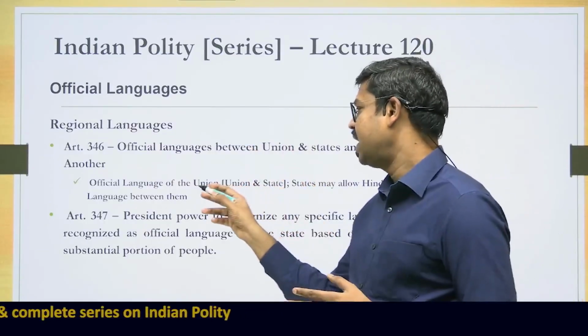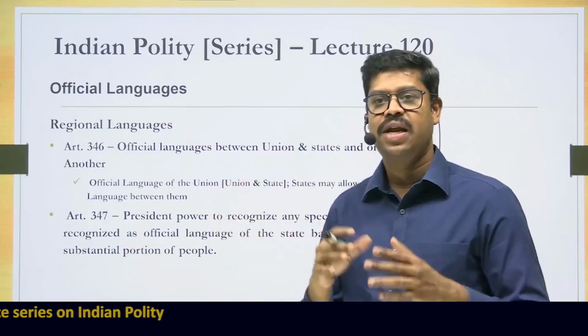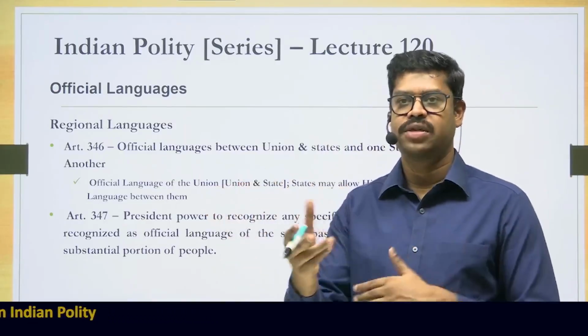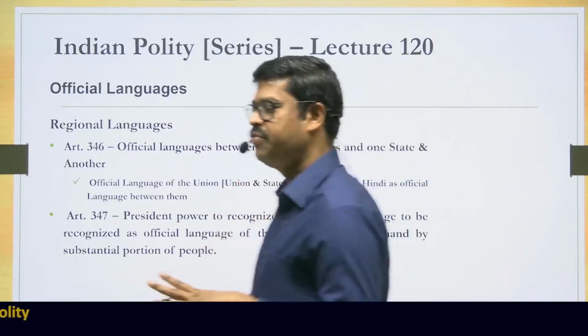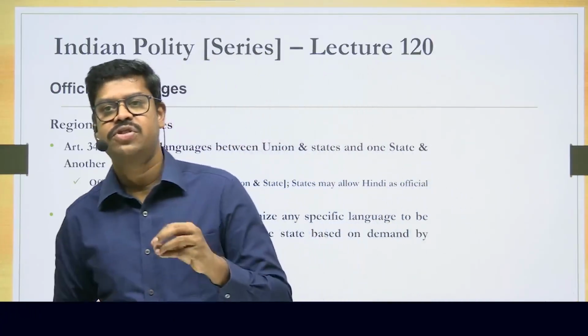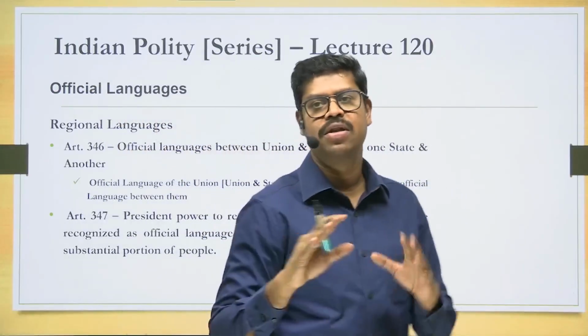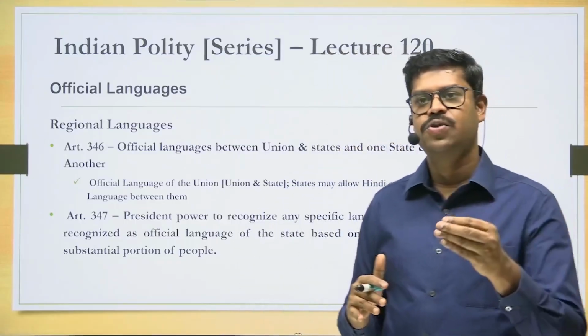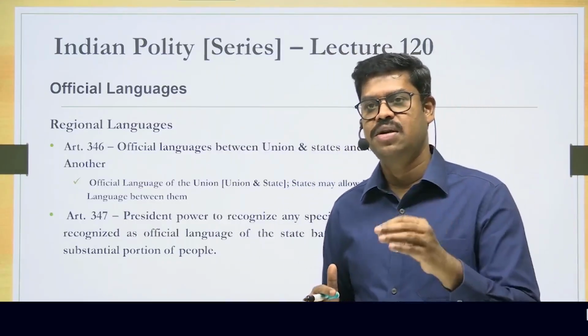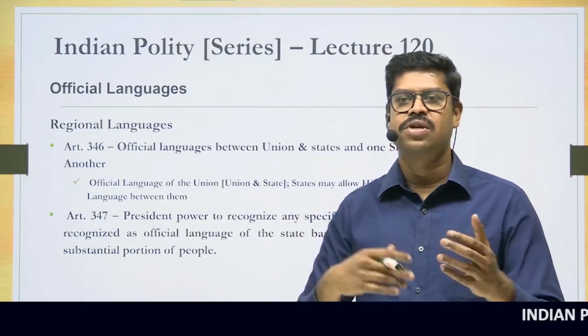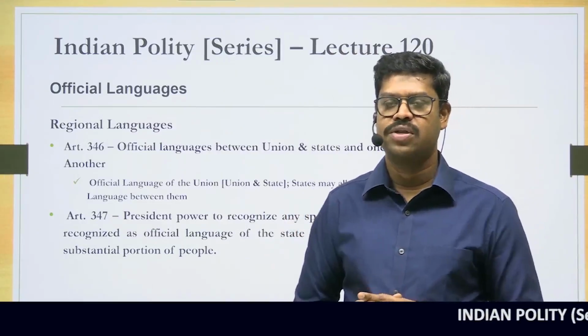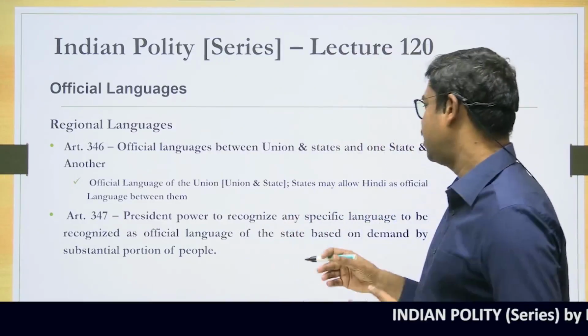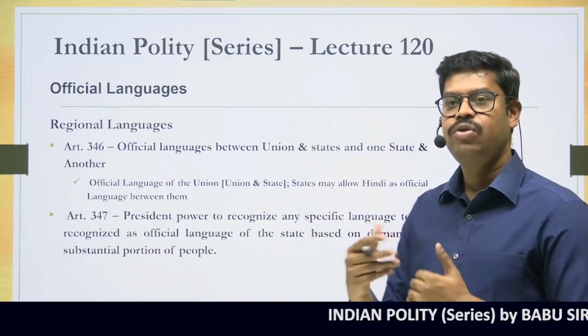The official language of the union is the official language to be used between the union and the states. So whatever is the official language of the union is the official language to be used between the union and the states, no other language. English is one of the official languages of the union. So therefore English can be used as an official language between the union and the states. And apart from that, what shall be the official language between two states?